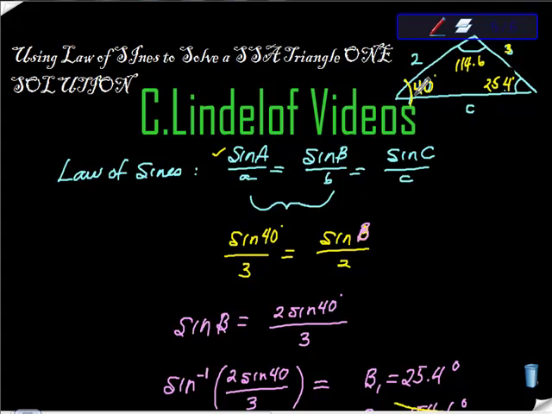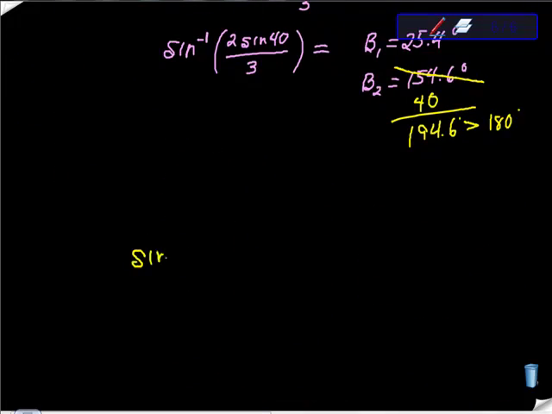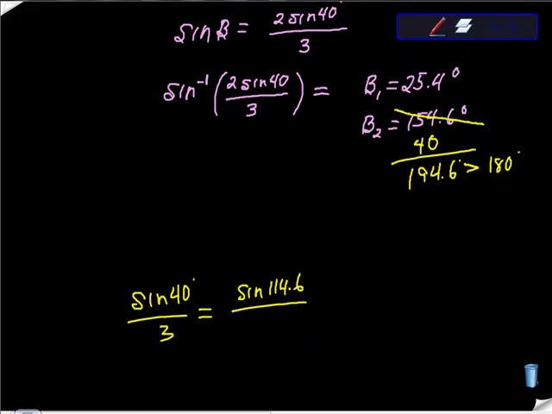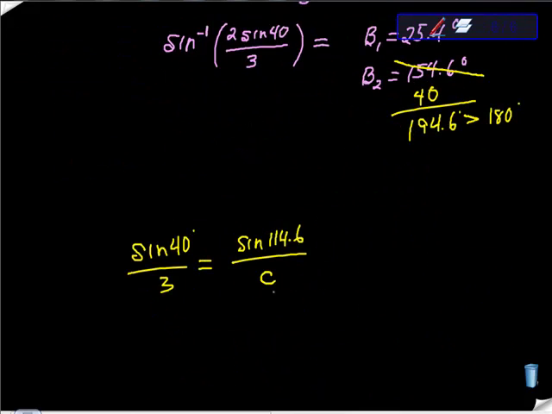Now we have 5 of the 6 parts, and we need this part right here. We're going to find that by saying sine of 40 degrees with its corresponding length of 3 is equal to sine of 114.6 degrees with its corresponding length c.